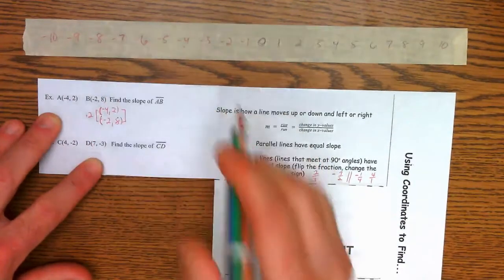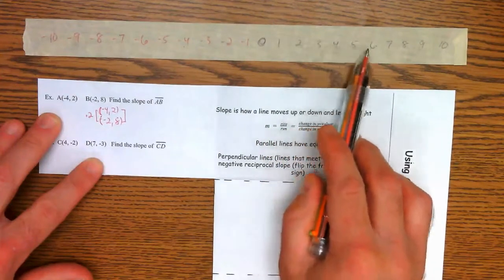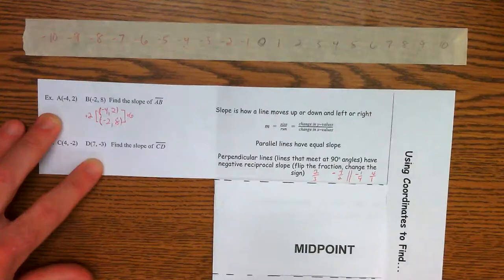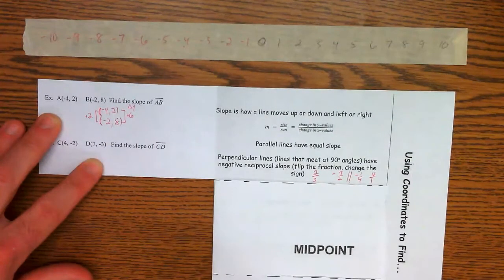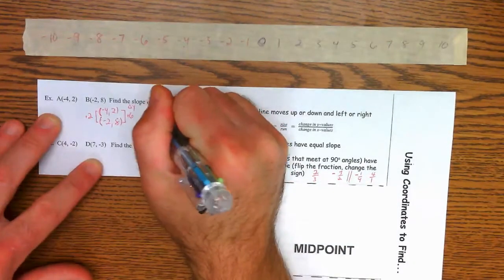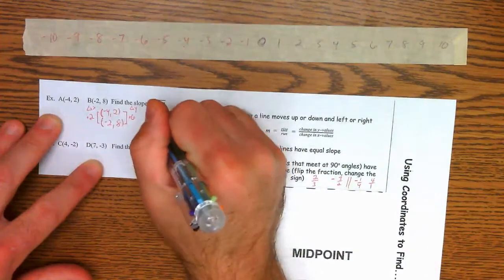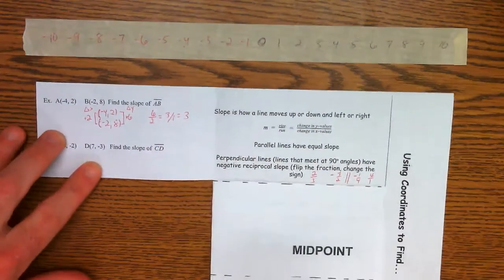From 2 to 8, we go up 1, 2, 3, 4, 5, 6, so up 6. The slope is the change in y, this side on the right, so 6 over the change in x, over 2. So the slope between those 2 points is 3 over 1, or just 3.